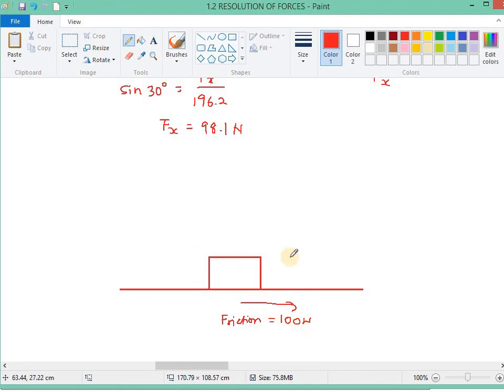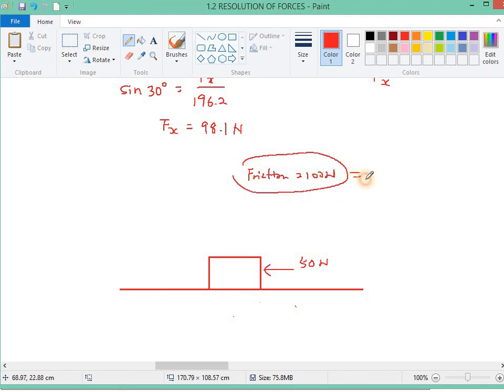If you push the object with 50 Newton, then the actual friction that will act is 50 Newton also. I repeat, if the question says friction is 100 Newton, that means this is the maximum friction.